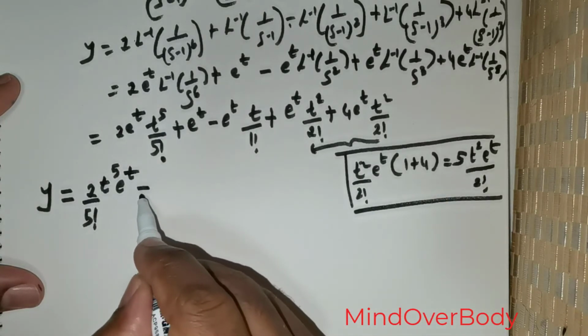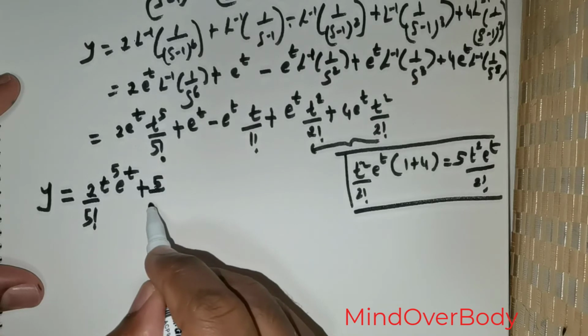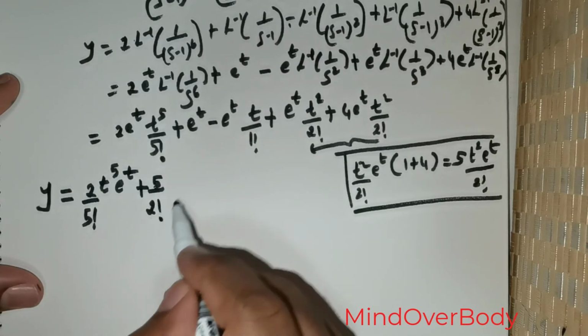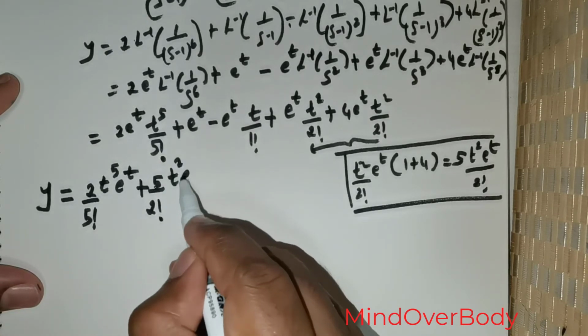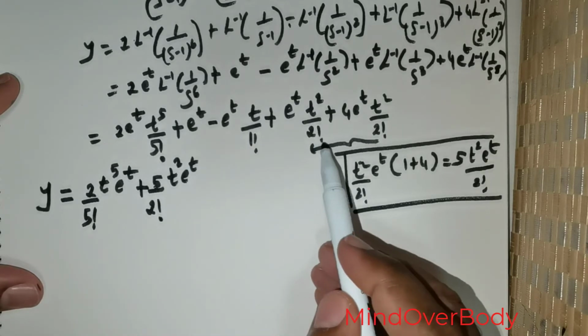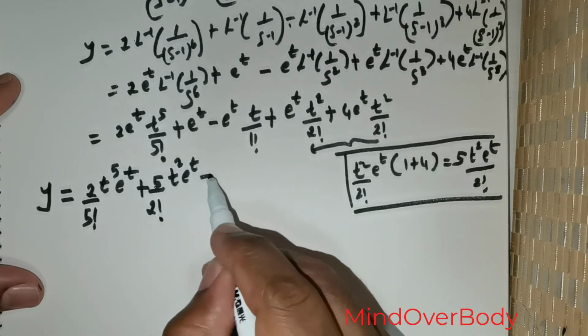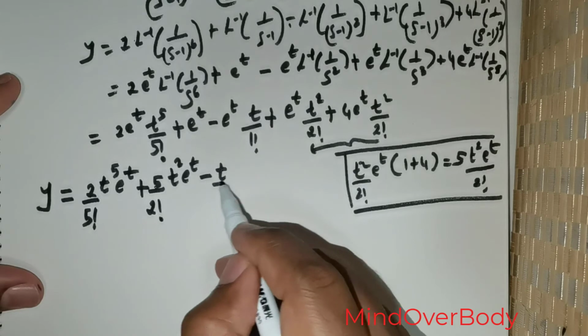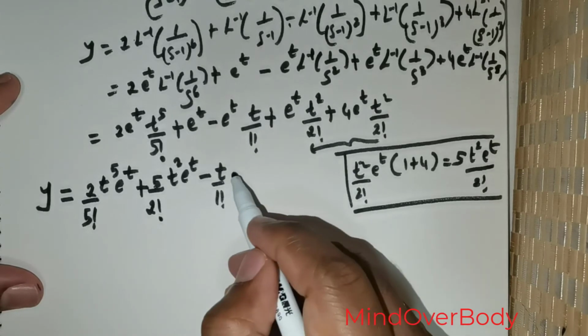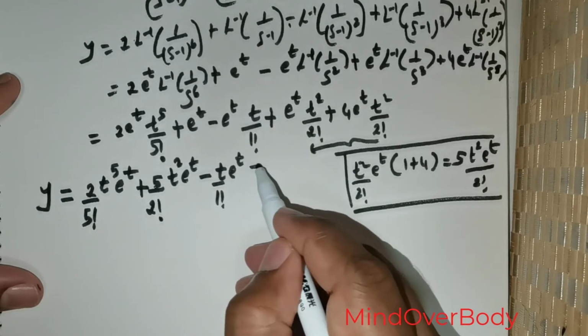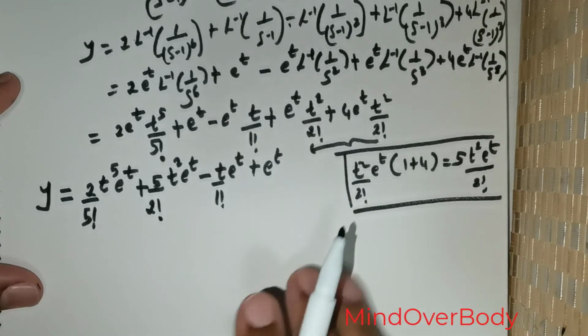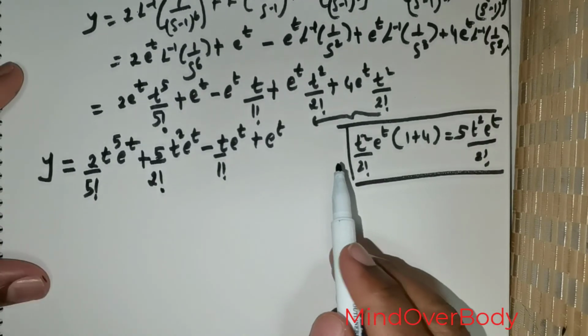So it's going to be positive 5 over 2 factorial and t squared e^t, followed by negative t over 1 factorial times e^t, followed by e^t. So that is going to be the solution.